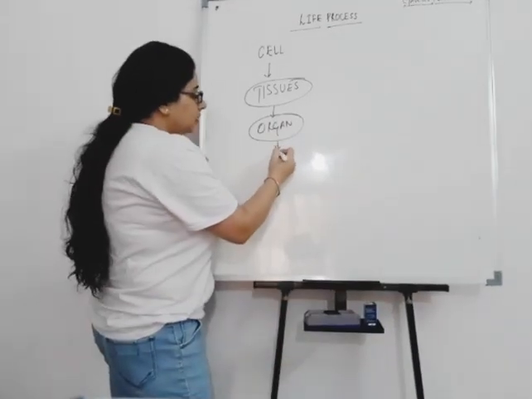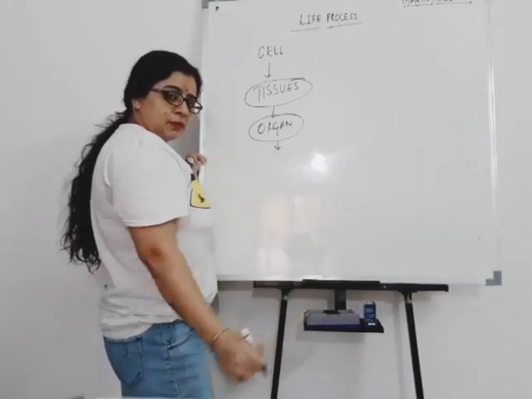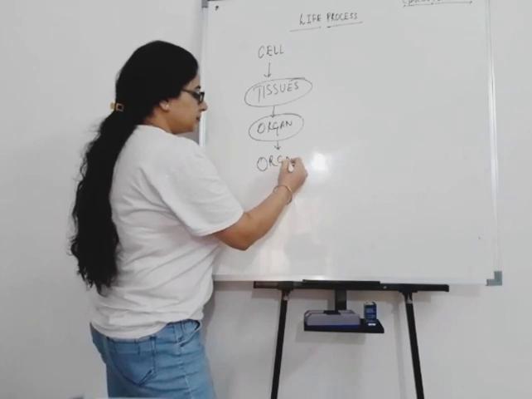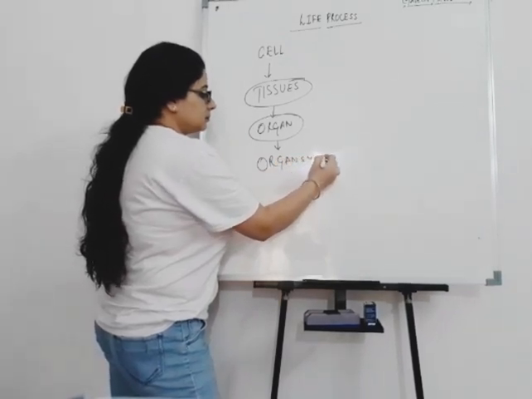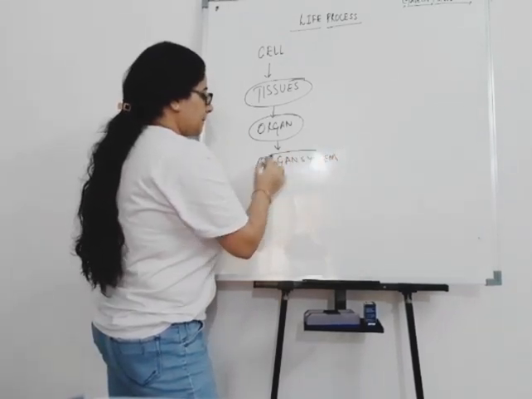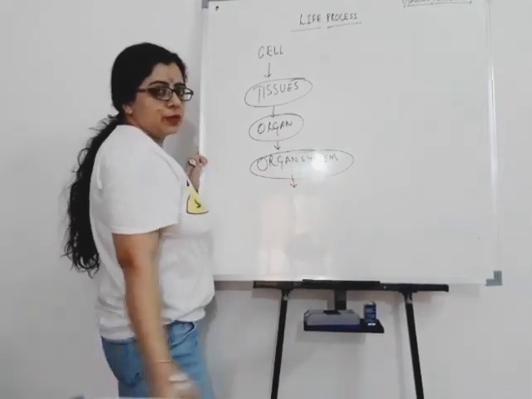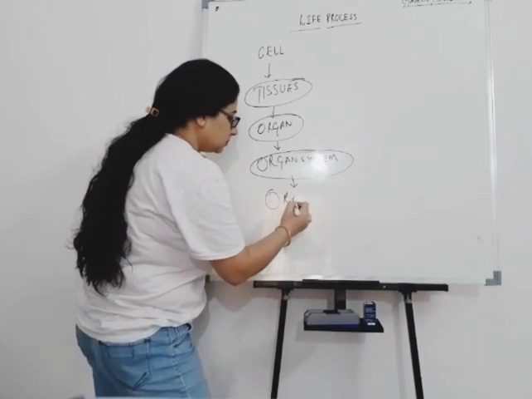A number of organs combined together to perform a specialized function form an organ system. And a number of organ systems combined together form an organism.